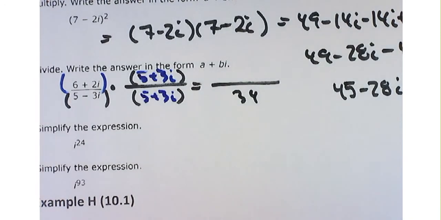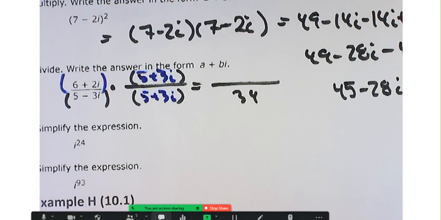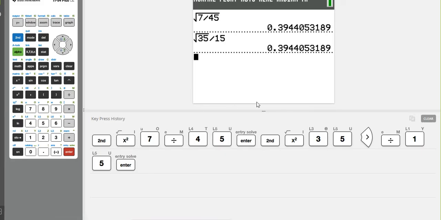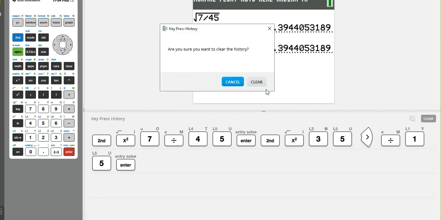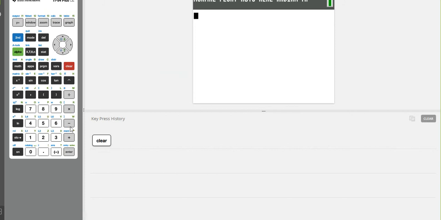In the numerator, you've got to FOIL things out. So, tell you what, on the test, you're going to have to FOIL things out yourself. But I don't mind you checking things. Now, this, unfortunately, is not something you can do with Desmos. Desmos is super awesome, but you can't do this with Desmos. So let me clear this out. But you can borrow a calculator. So let's take a look here.